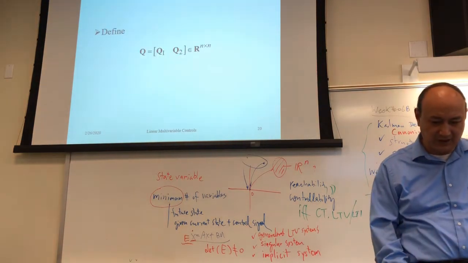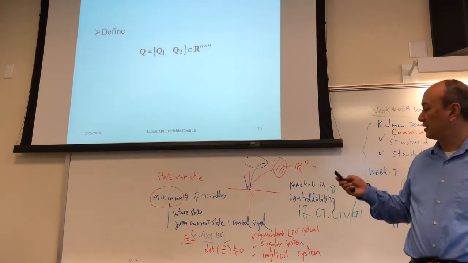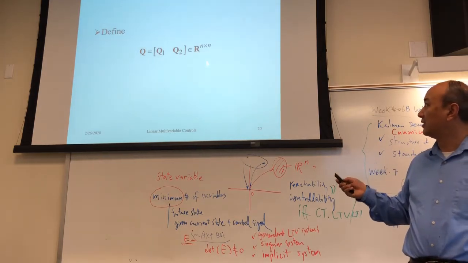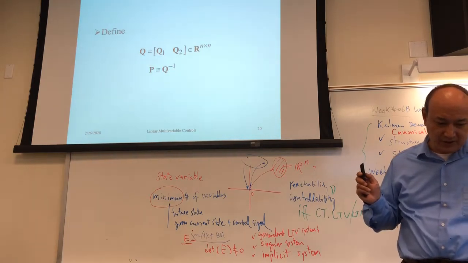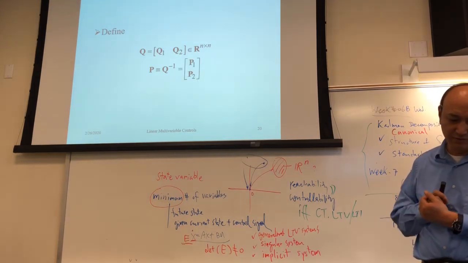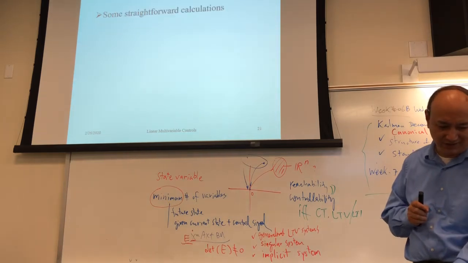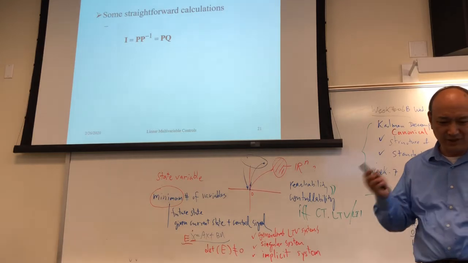Alright, so we define Q as Q1, Q2 stacked together. Of course it's n by n, and we use its inverse as P, and write this inverse as P1, P2. Okay, so straightforward calculation gives us P inverse.